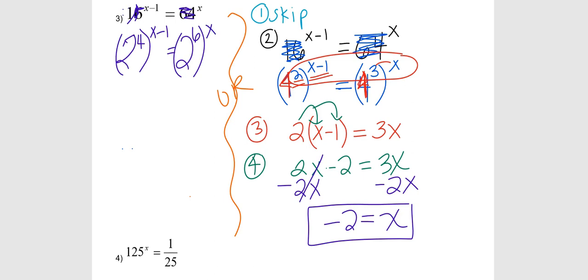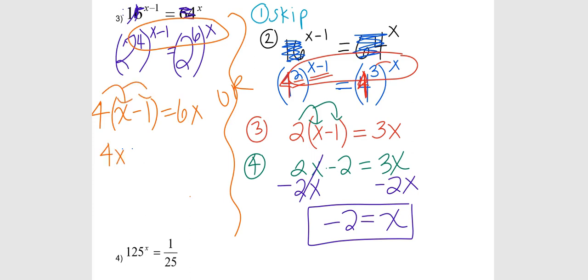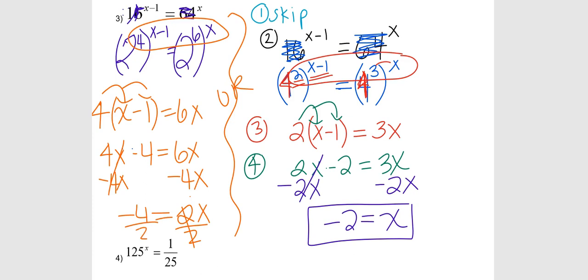Then we would have set the exponents equal. Same thing we did the first time. Distribute. Put the x's on the same side. Divide by 2, and we still get -2 for x.